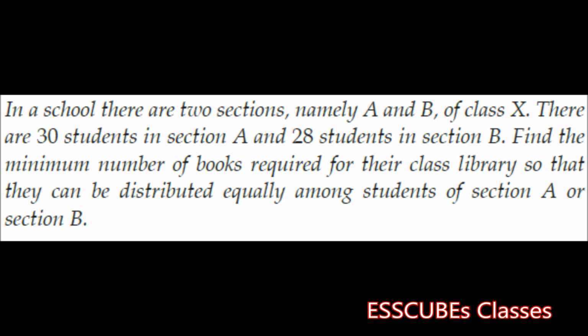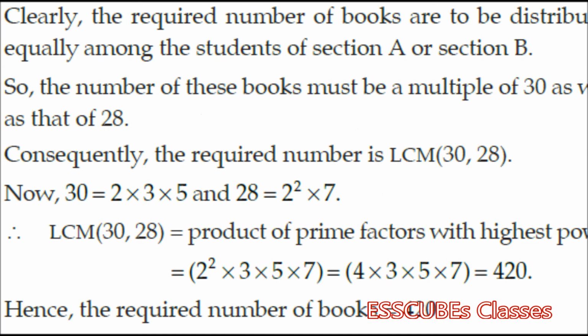Again, a hint has been given to you that you simply need to find the LCM because the word minimum has been used over there. So if I find the LCM of 30 and 28, what do I find? I find the value to be 420. Hence, the required number of books is 420.